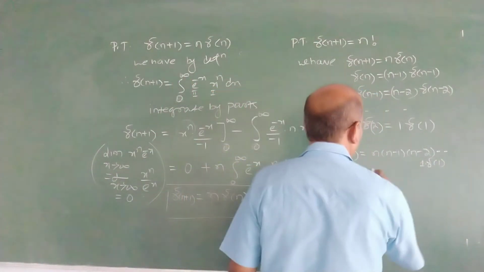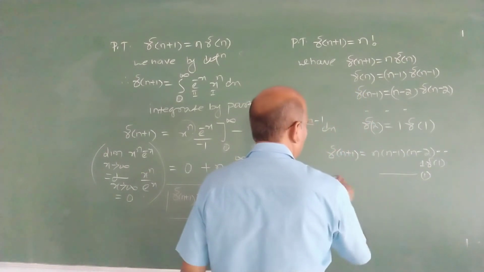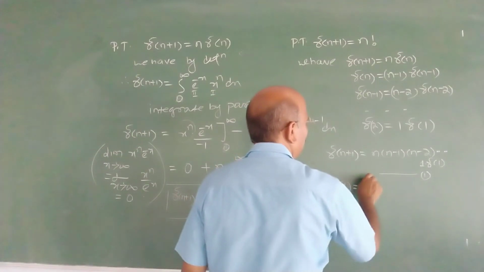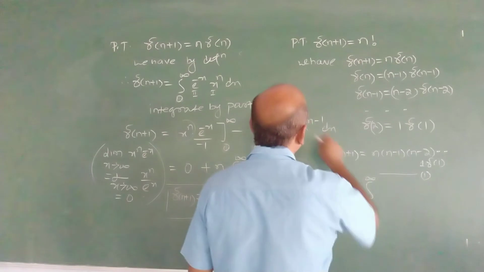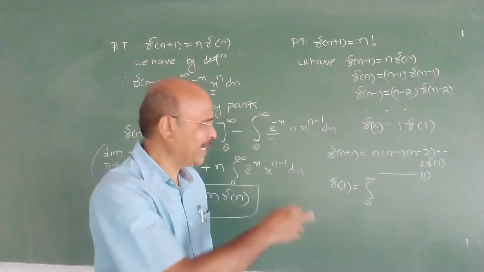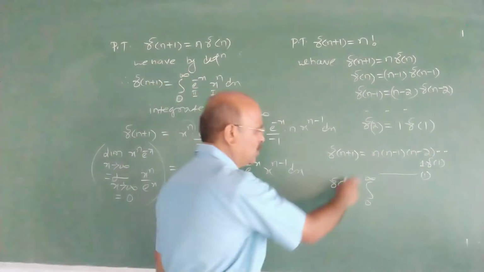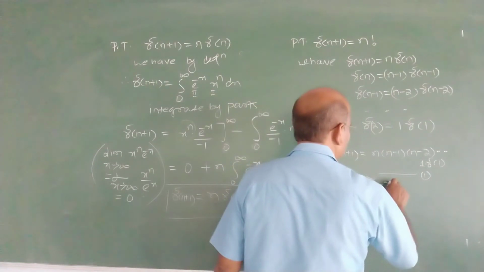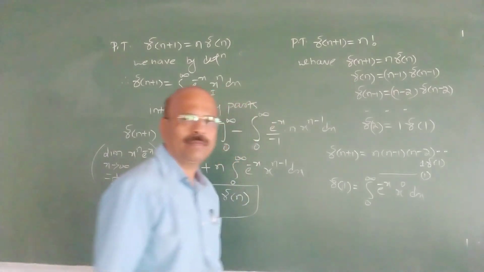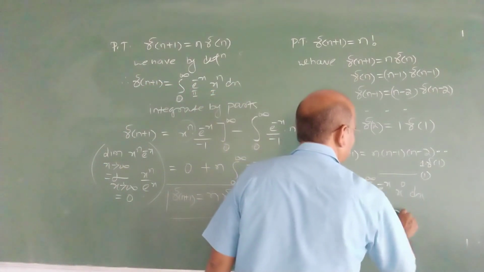Now we find out what is gamma 1. Gamma 1 means the integral from 0 to infinity. By mistake I had written 1 to infinity there. That is why I told you to be very careful while writing the standard functions. From 0 to infinity it is e raised to minus x, x raised to n minus 1, and n is 1, so it is the integral from 0 to infinity of e raised to minus x dx.